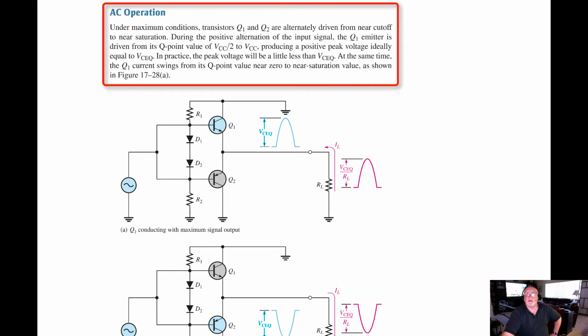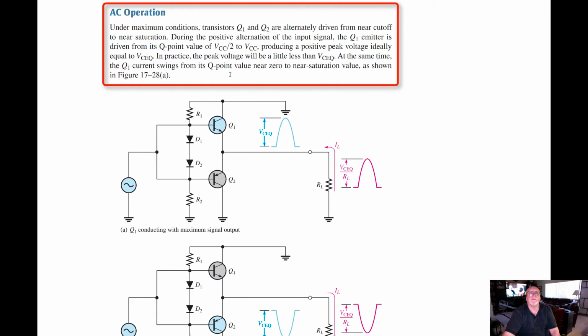Under maximum conditions, transistors 1 and 2 are alternately driven from near cutoff to near saturation. During the positive alternation of the input signal, transistor 1 emitter is driven from its Q point value of half of VCC to VCC.